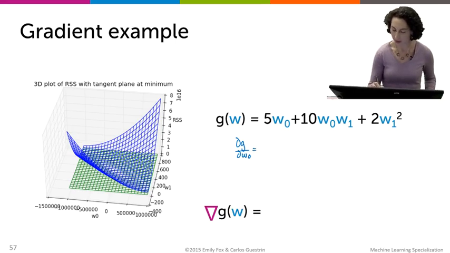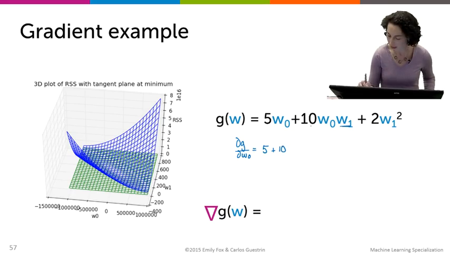So I'm going to take the derivative of this thing here, only interested in w0. So for this term, I get a 5. The next term, well, I'm treating w1 like a constant. So just like I would take the derivative and get the constant as the result, that's what I'll get. So there's a 10 and there's a w1.